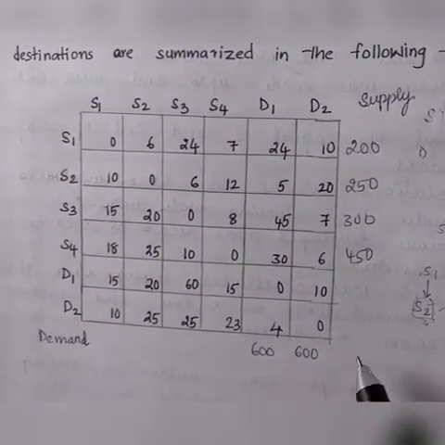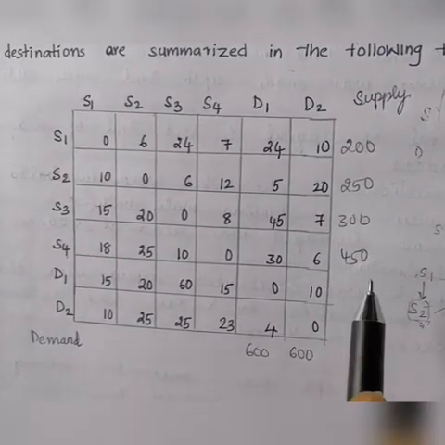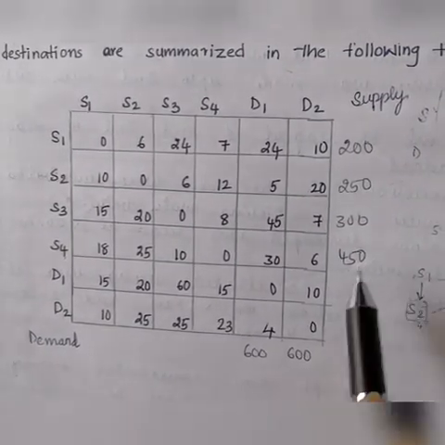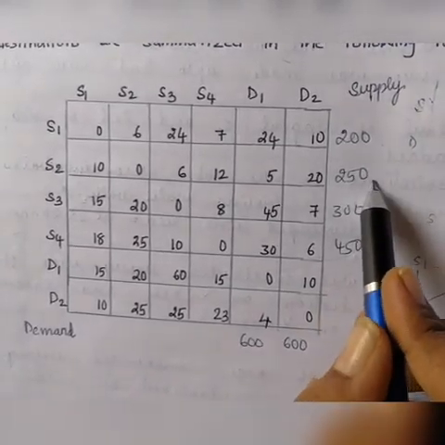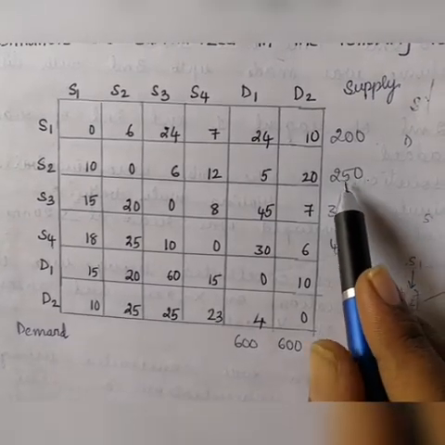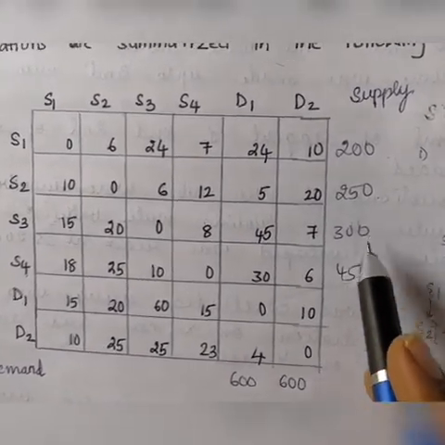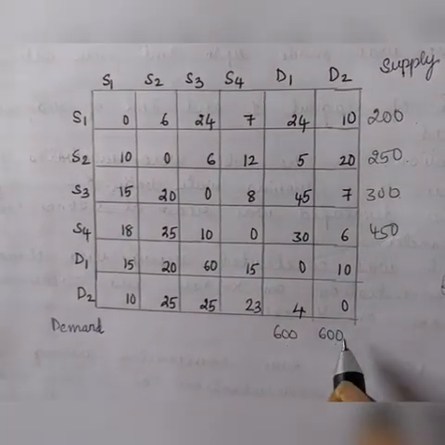Now the next step is to check if this particular transshipment problem is a balanced one or an unbalanced one. If you add these values, 200 plus 250, 450, plus 300, 750, 750 plus 450 is 1200, and 600 plus 600 is also 1200.